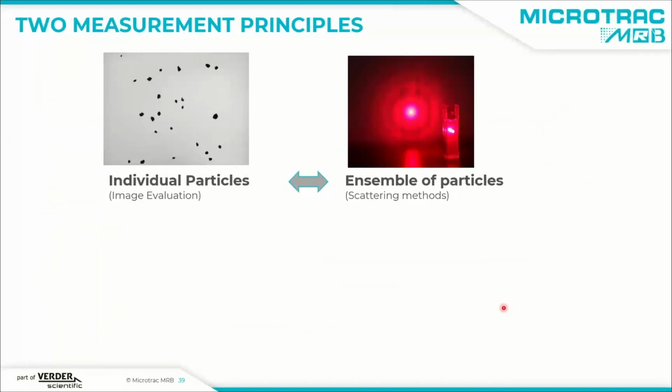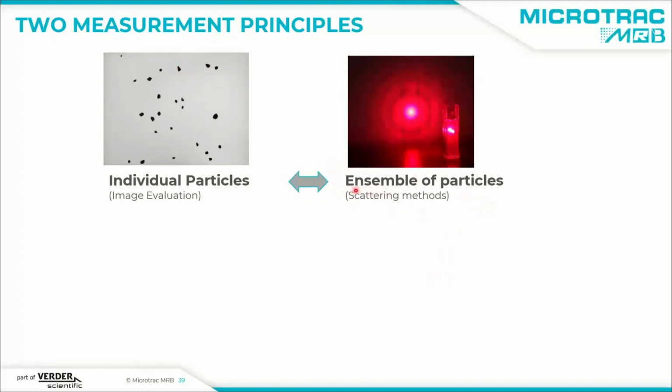So as a summary of these 2 techniques, we have image evaluation with the ChemSizer and also with the Sync, and we have diffraction or scattering methods. The fundamental difference between these 2 technologies is that with image analysis, we are looking at individual particles. Every particle on the image is one signal, one measurement value.